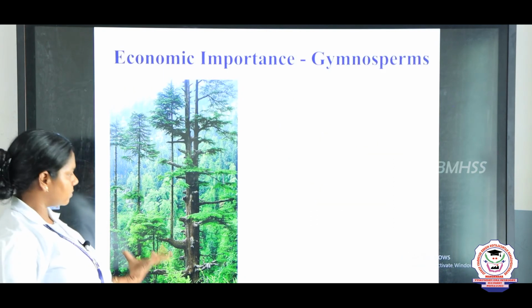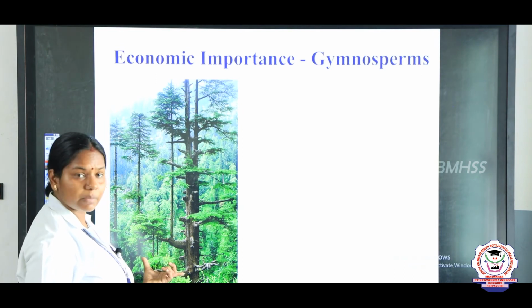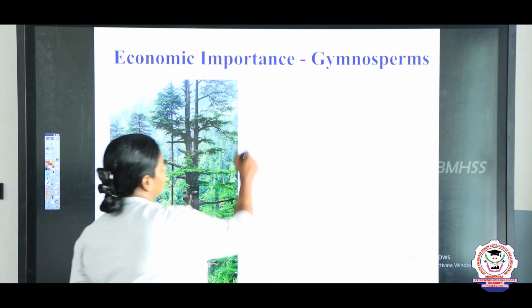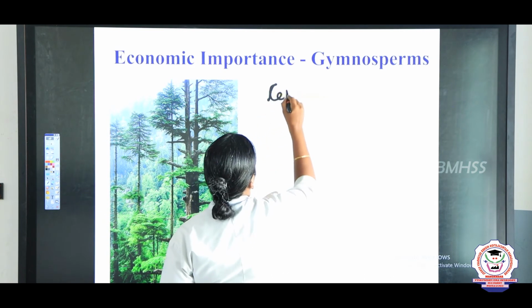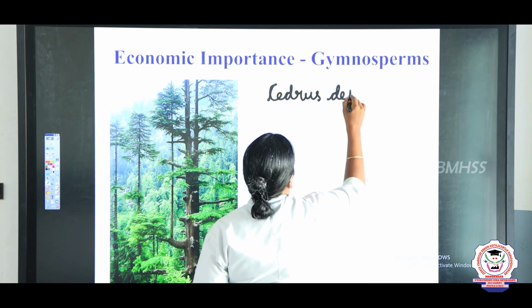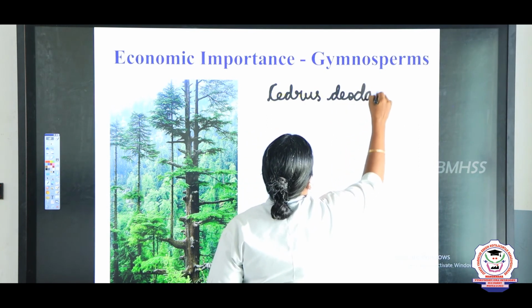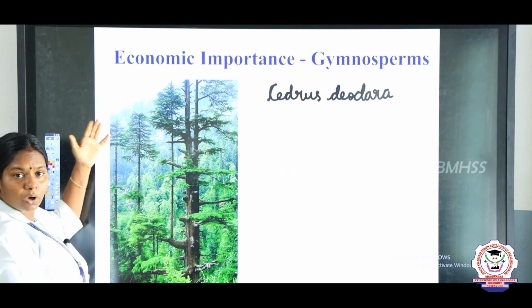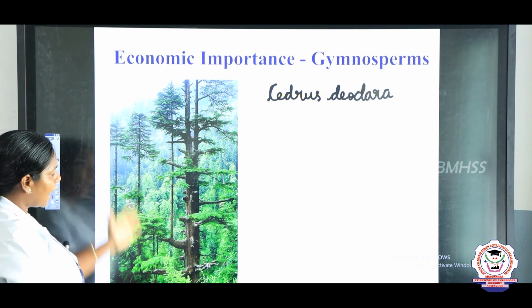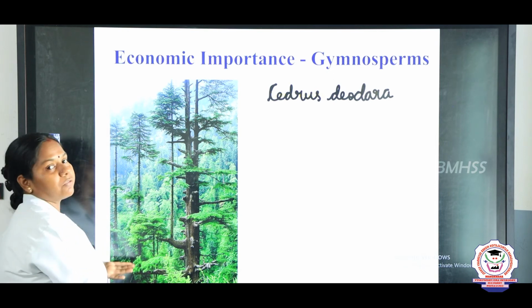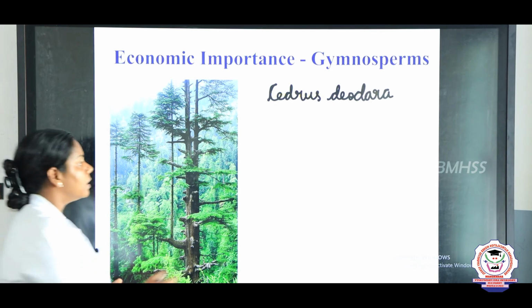And next, what is the name of the plant, children? Cedrus deodara. You can see, children, the shoot is very long and the trees are very bulky. From the wood obtained from Cedrus deodara, what is made?